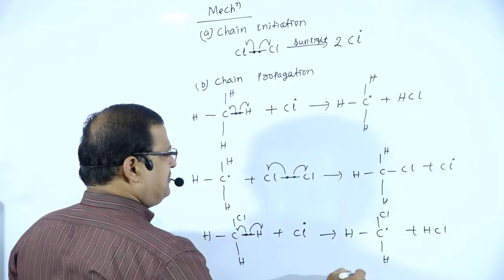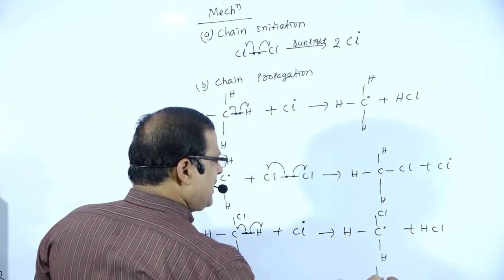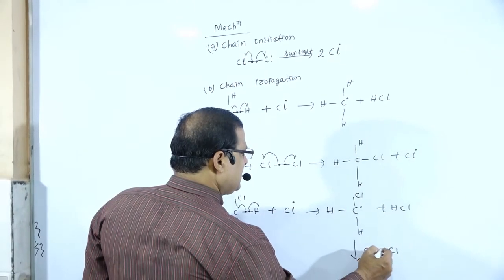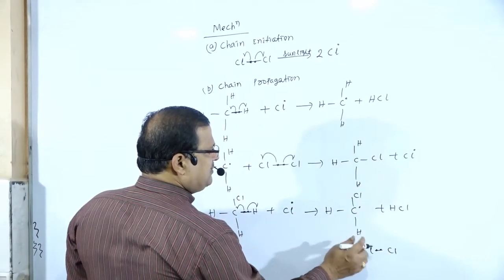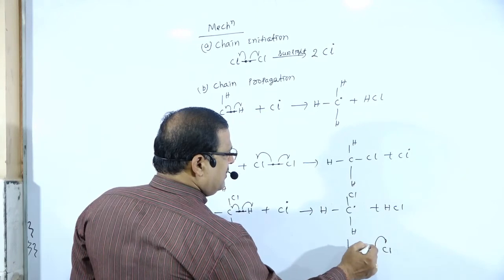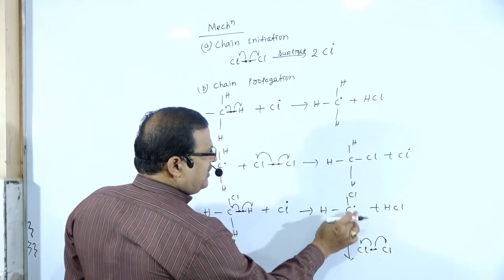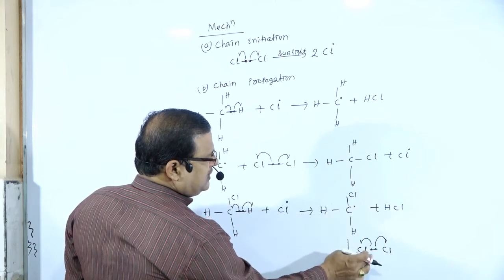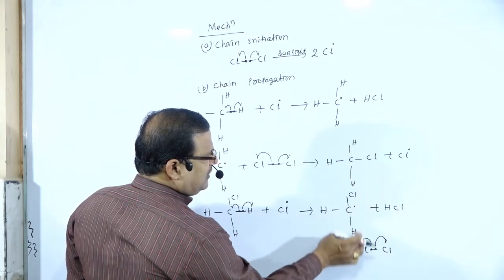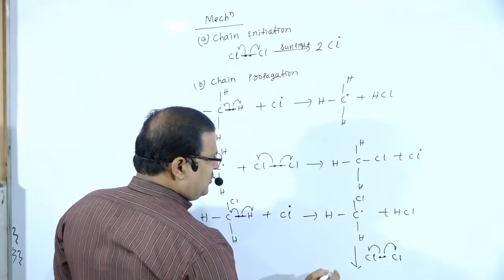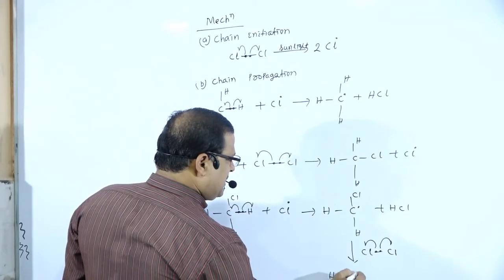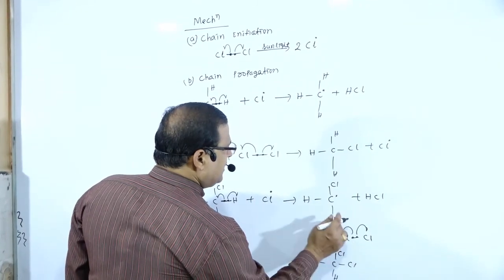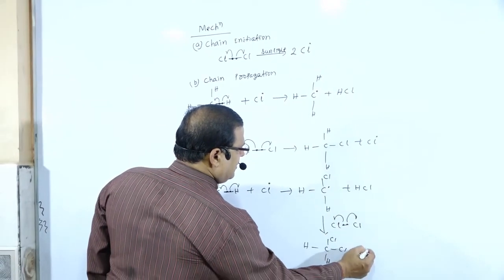So again this will attack Cl bond Cl. Homolytic cleavage, and there is the formation of a free radical. This free radical will attack chlorine; C dot and Cl dot, each one unpaired electron, combine to form one bond. So there is the formation of CH2Cl2 plus Cl dot.